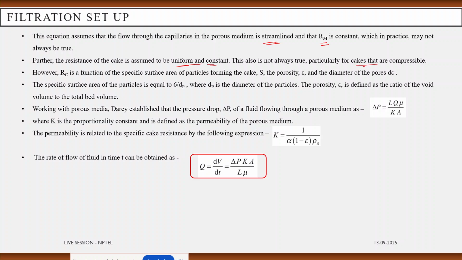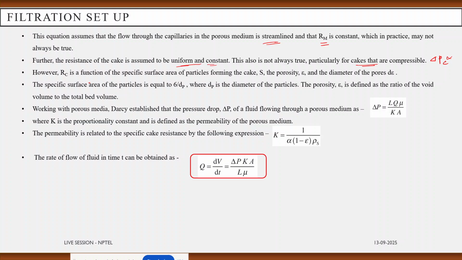Particularly, cakes are generally compressible in nature, and the pressure drop in the cake layer is related to a compressibility factor.